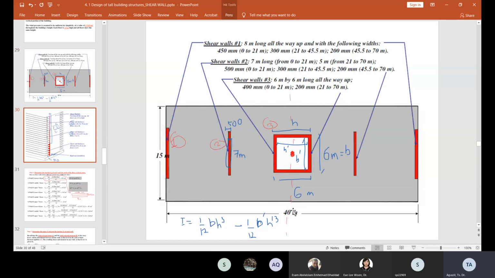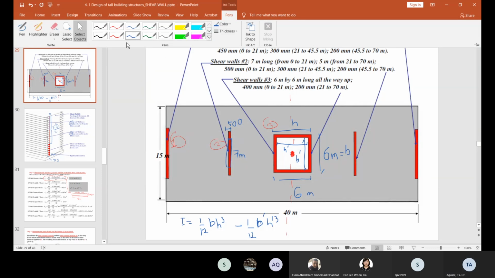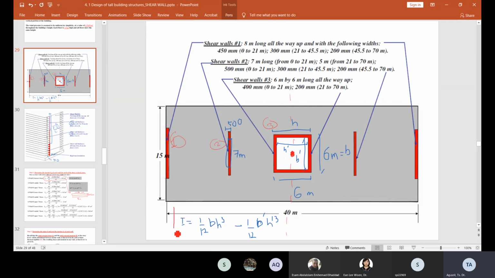Is it clear? The wind comes from this direction. For this particular analysis we will do the analysis on this half of the building only, like symmetry. That's why the width is 40 meter.